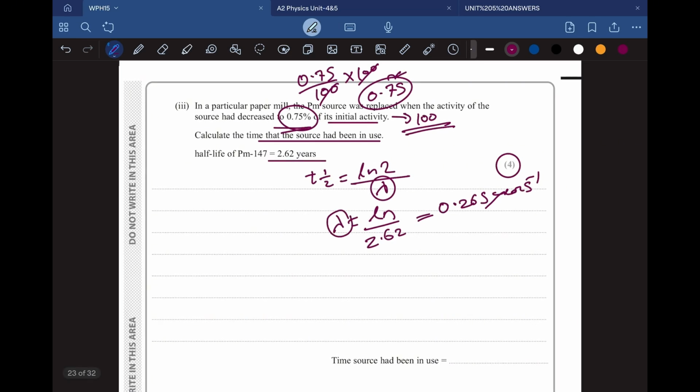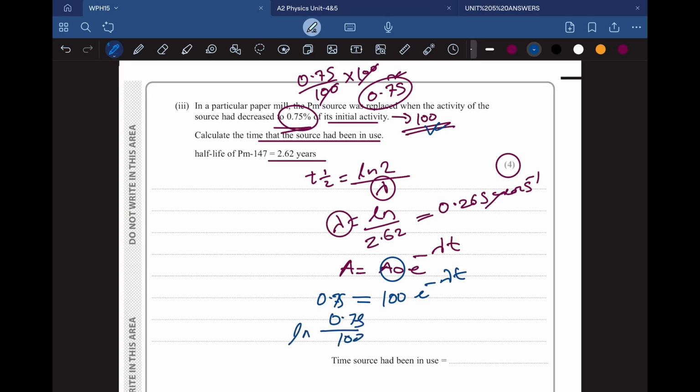So we have got the lambda value and we know the formula is A is equal to A naught e to the power of minus lambda T, and A naught is the initial value, which was 100. But it has decreased to 0.75. So if we divide 0.75 by 100 and then take ln on this side as well as ln on this side of e to the power of minus lambda T, where lambda is 0.265, the ln e gets cancelled out.